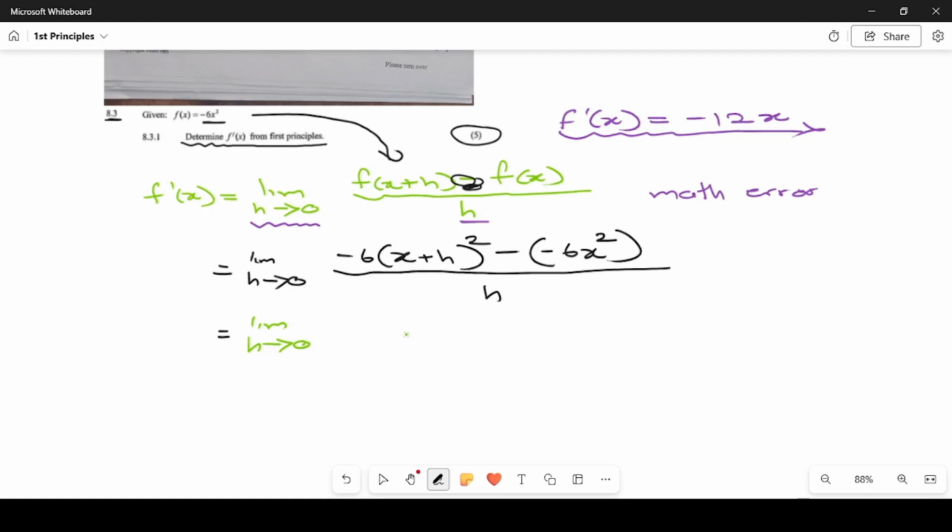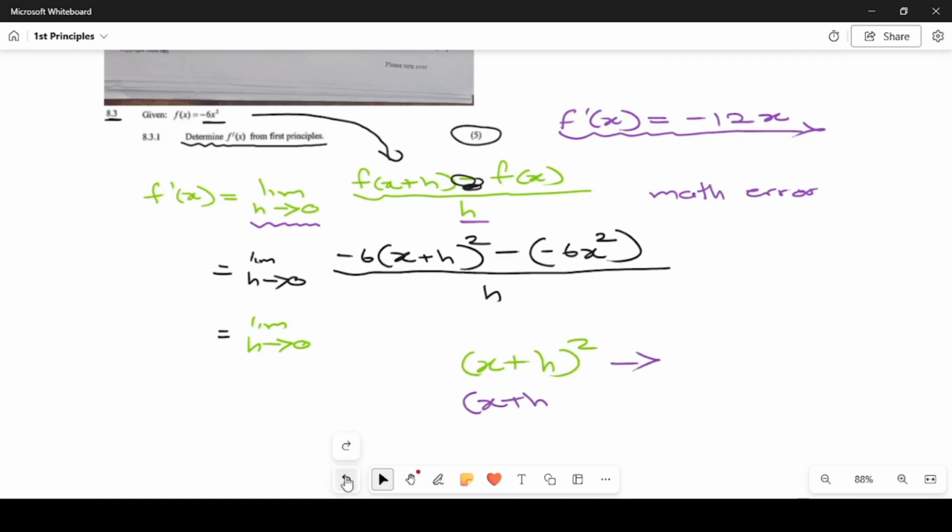It doesn't take long. So we have plus x plus h squared. Let me show you a trick so that you don't waste time. You don't need to open both brackets. You don't need to say x plus h, x plus h. I'm going to show you a real cool, fast method.